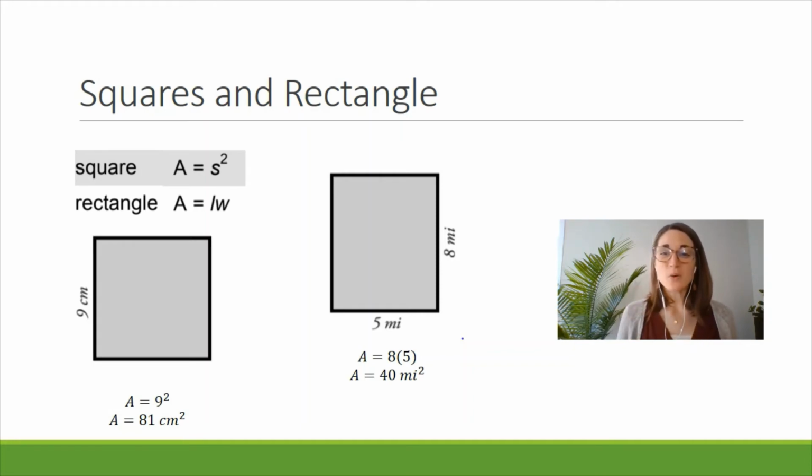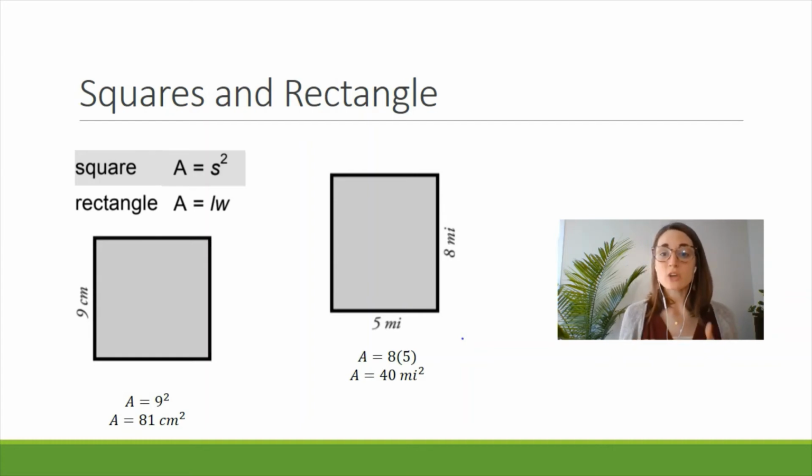For the rectangle, we're going to be doing area equals length times width. You'll see A equals LW. Remember, when two letters like L and W are next to each other, it means we're supposed to multiply them together. So think of it this way. We have a rectangle that has one side that is 8 miles long and another side that is 5 miles long.